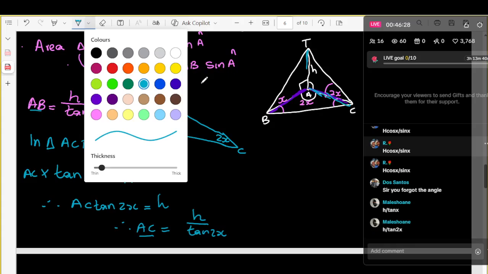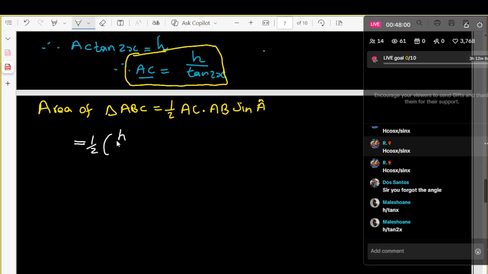Okay, let's quickly do the substitution now. I do like to use different markers. Okay, so this is equal to half, then AC, which we know is h over the tan 2x. Close the bracket. AB is also h over the tan 2x.